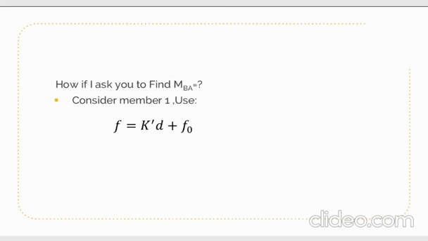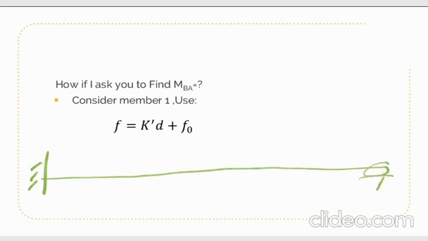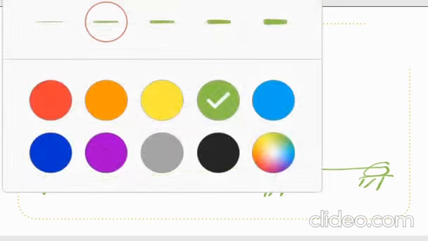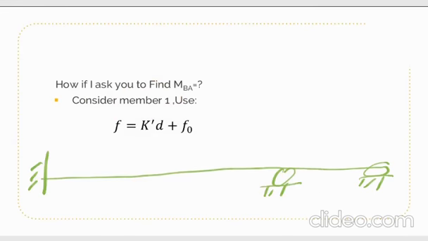The bending moment depends on the last values that we got. It will look like this.